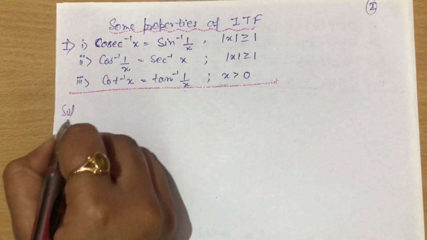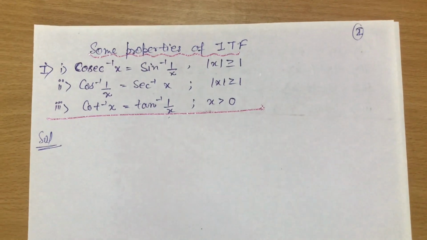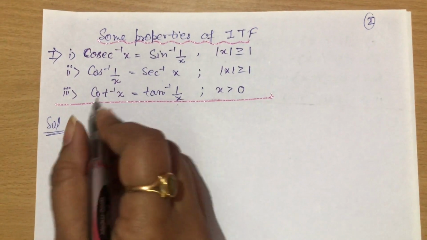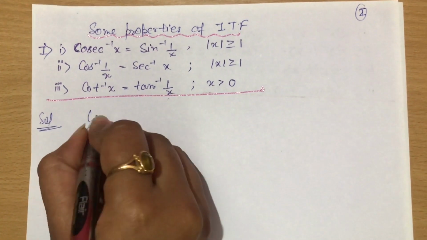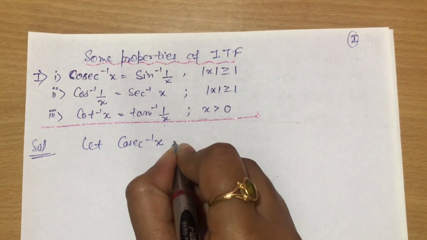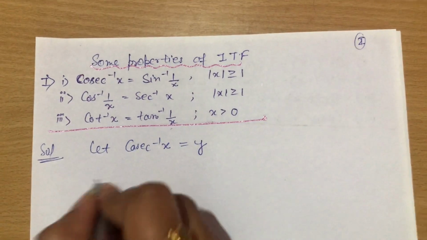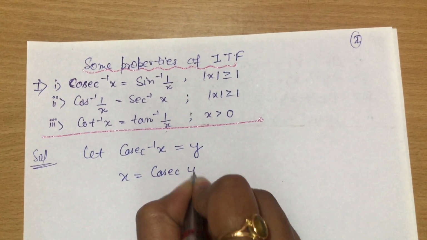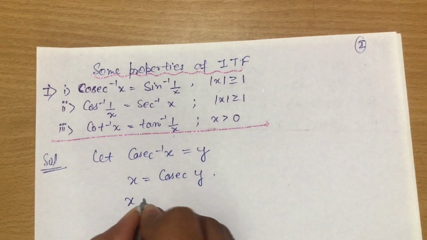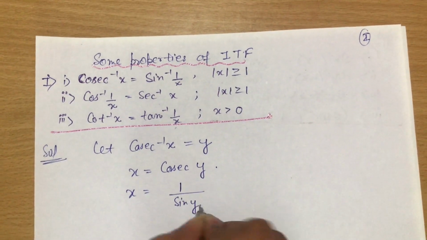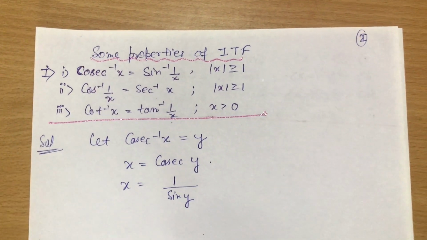For example, for the first property, you have to prove it. Taking the left hand side, let cosec inverse of x equal y. So x is cosec of y, right? And you can write cosec of y as 1 upon sine of y, because 1 upon sine is the reciprocal.